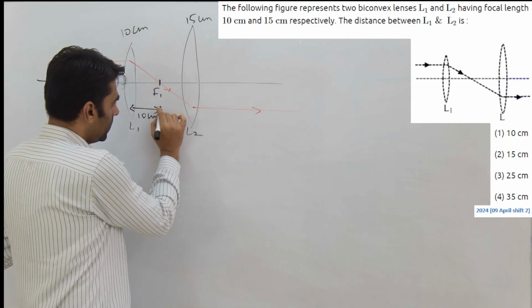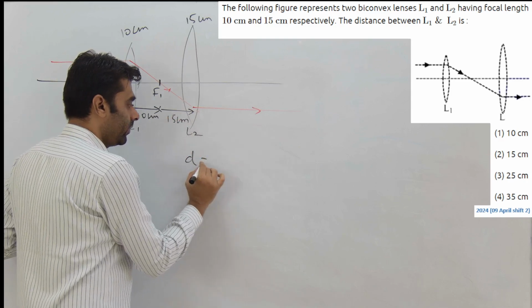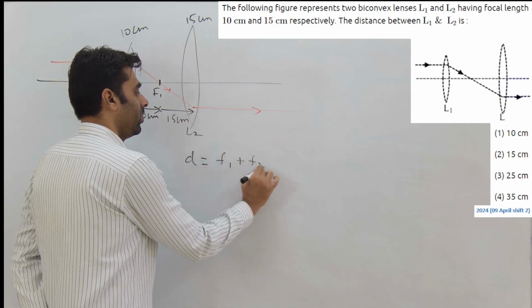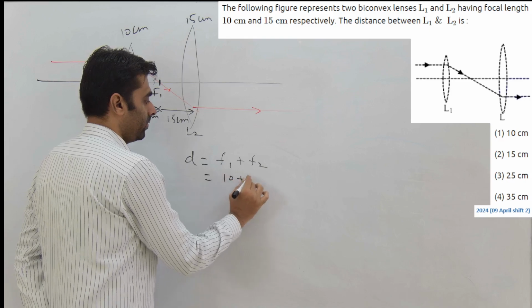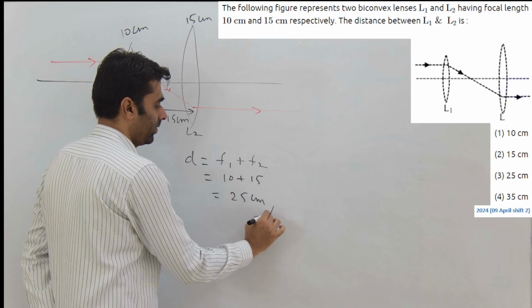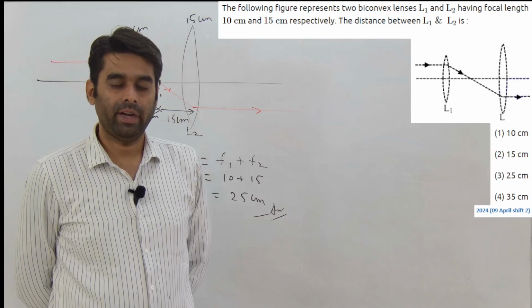So this distance now finally becomes 15 centimeter. So D, the distance between the two lenses, we can write as F1 plus F2, which is 10 plus 15, which gives us 25 centimeter. So the distance between two lenses is 25 centimeter, right?